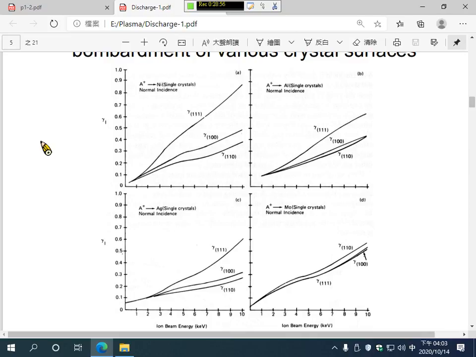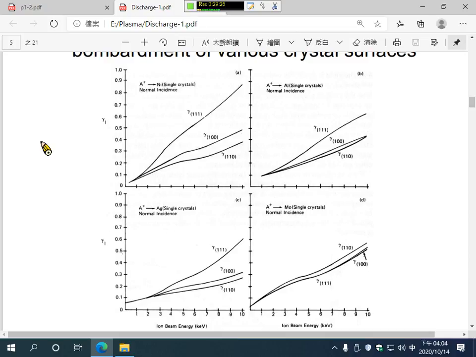And if you use a molybdenum single crystal and use an argon ion beam to bombard the molybdenum surface, you will find the 110 surface has the highest secondary electron emission, because molybdenum is a BCC crystal, body center cubic crystal.